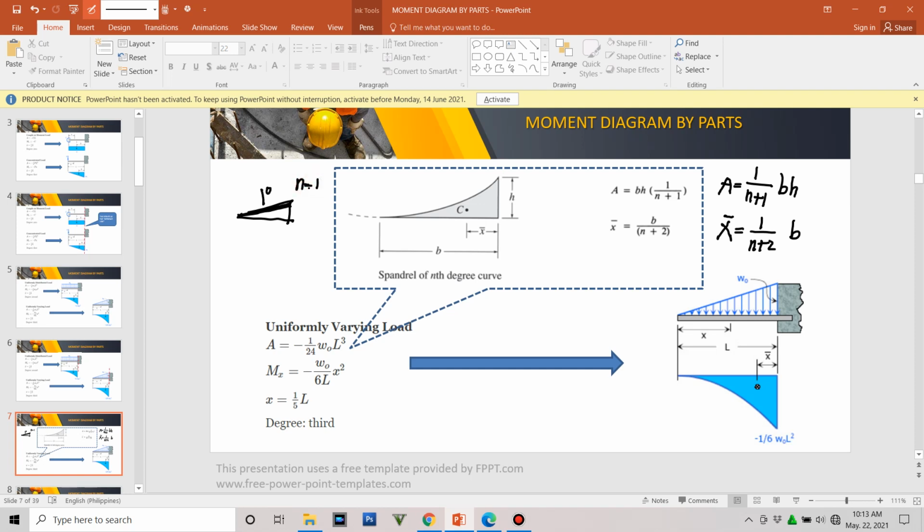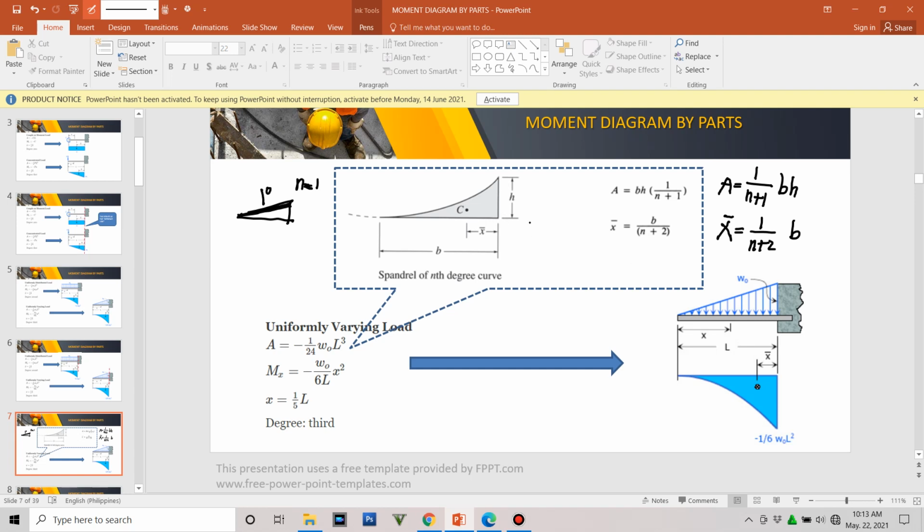Therefore, 1 over 1 plus 1, so 1/2 base times height, which is the formula for the area of the triangle. And then for the x bar, this is equal to 1 all over 1 plus 2, or 1/3 of the base, which is actually the centroid of the triangle from the height.